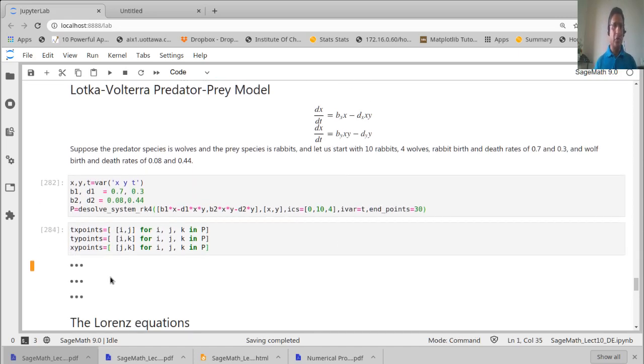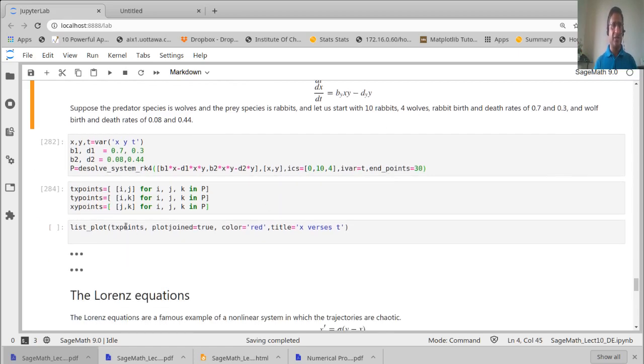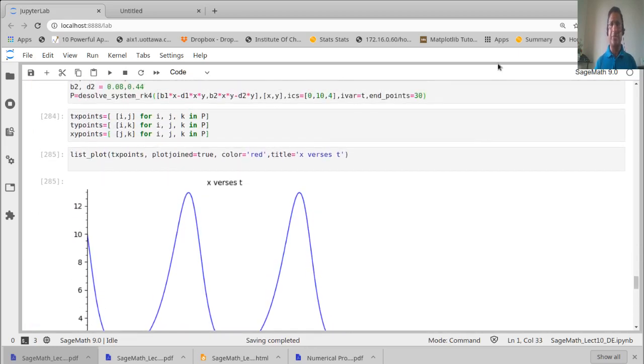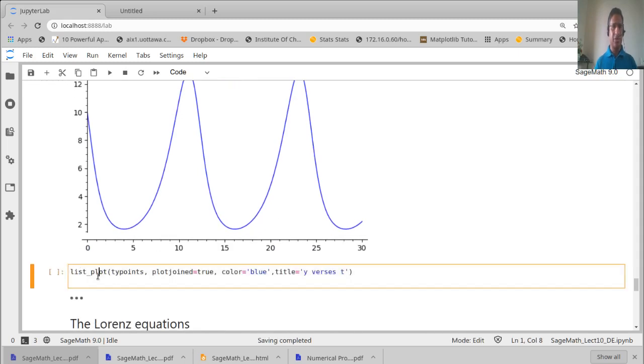Then you can plot, let us say, x versus t. Here you can think of x as rabbits and y as wolves. Initially 10 rabbits and 4 wolves are taken into consideration in this population. Let us plot this. That is how the curve looks for rabbits, and if I look at the wolves, this is how it looks.